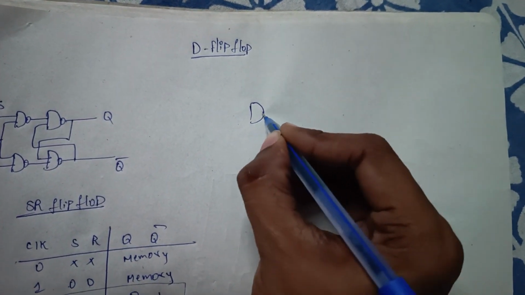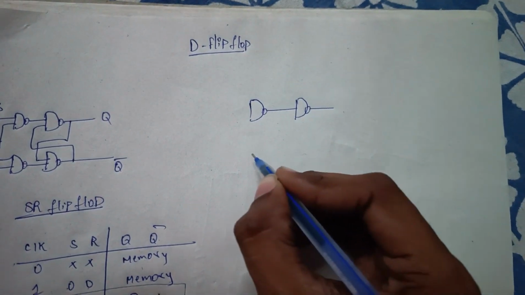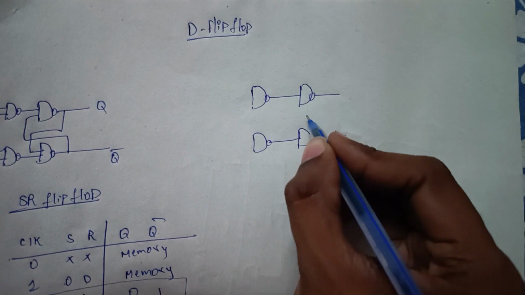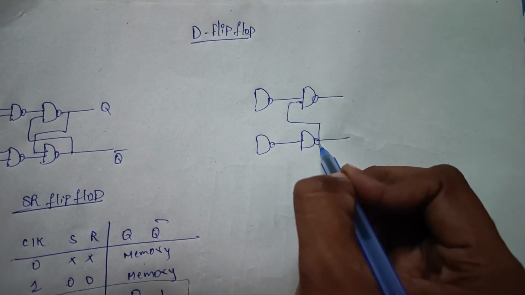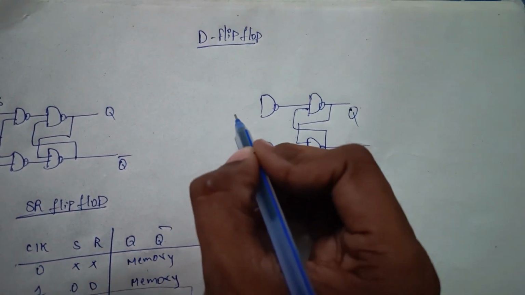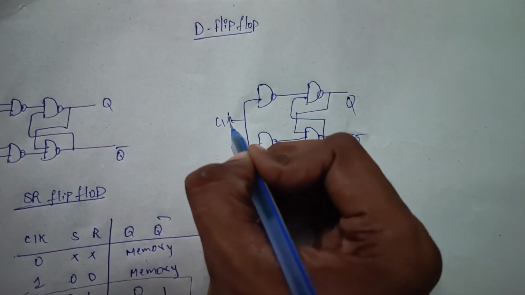Here I am again drawing this SR flip-flop diagram. The outputs are cross connected to each other. We already know that. Here I am giving the clock pulse and I will modify the circuit.